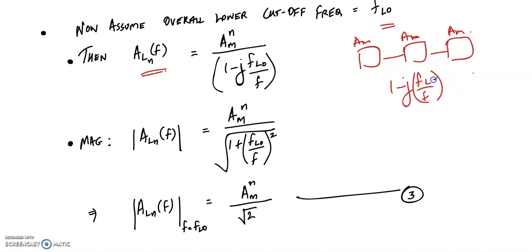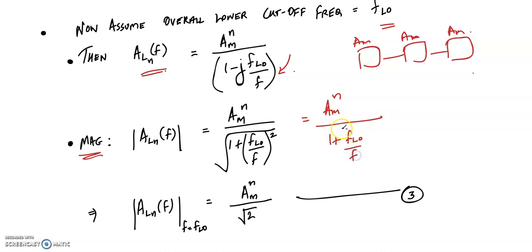We are considering FL naught as the overall lower cutoff frequency. So I can simplify it as 1 minus j into FL naught by F. And that's how you get the denominator like this. ALN of F becomes AM whole raised to n by root of, this is the magnitude, root of 1 plus FL naught by F the whole square. Simplify it and you get AM the whole raised to n by 1 plus FL naught by F whole square, whole raised to 1 by 2. I can write it like this also.